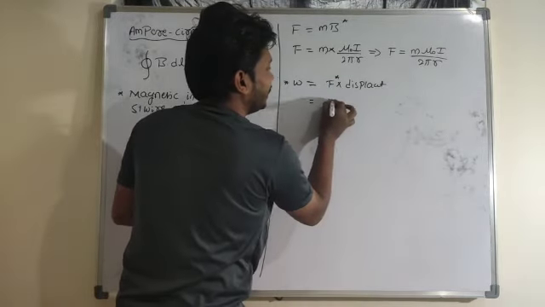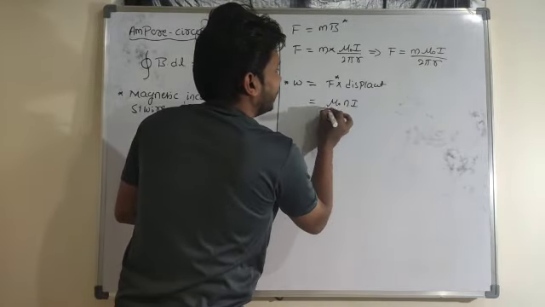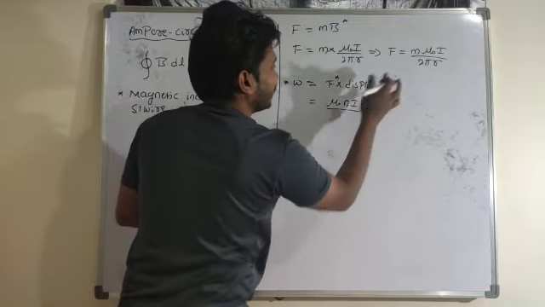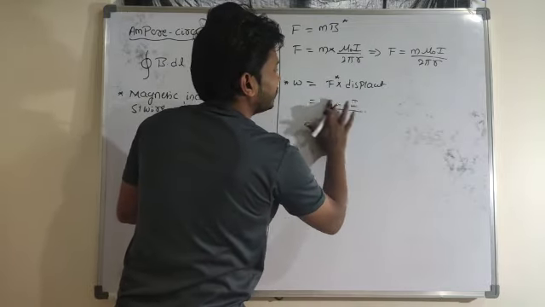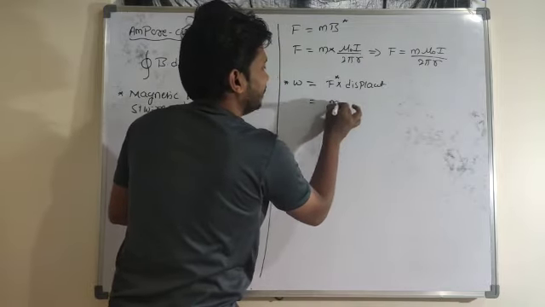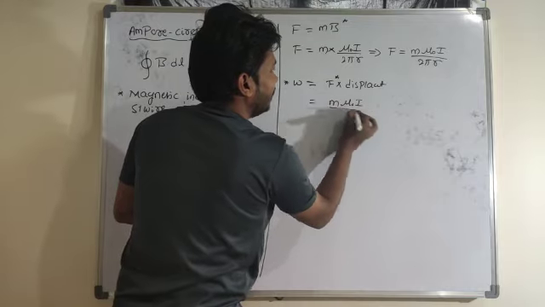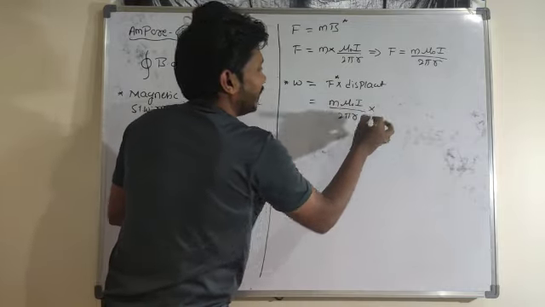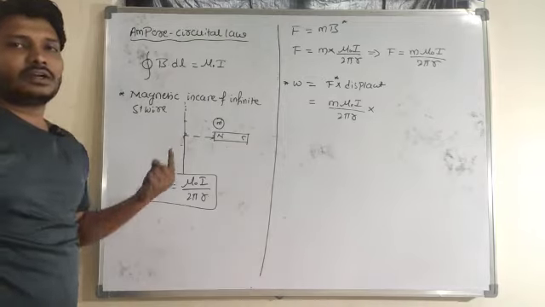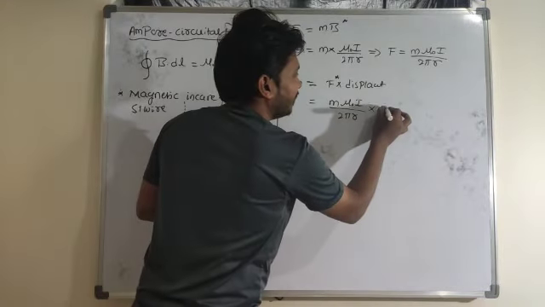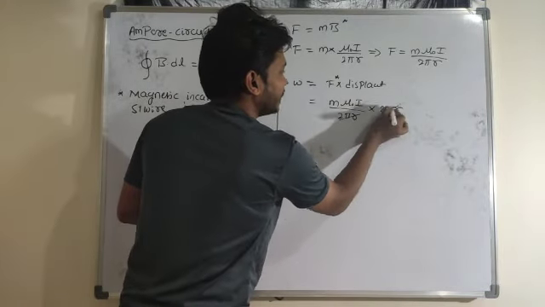What is that force value? m into mu naught into I divided by 2 pi r. If it is moving along a circular path, displacement I will take as the circumference of the circle.